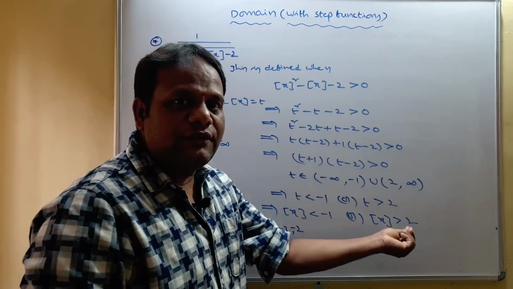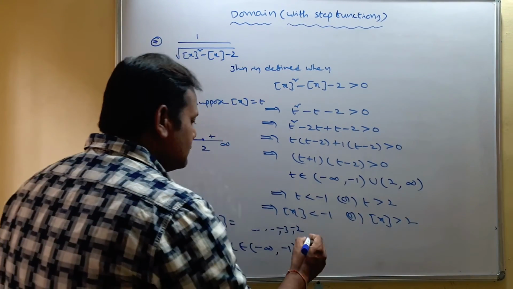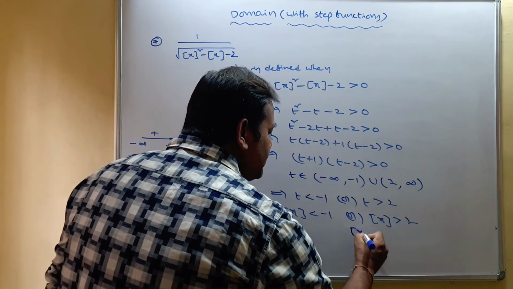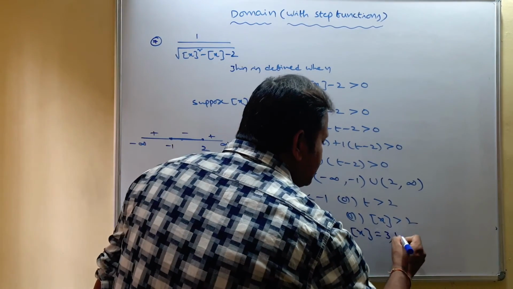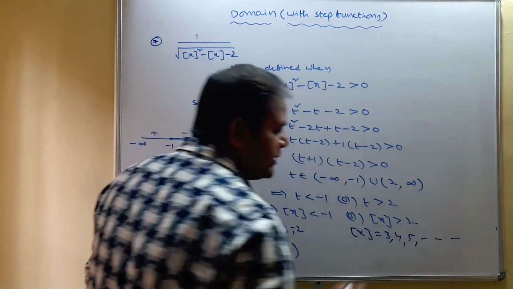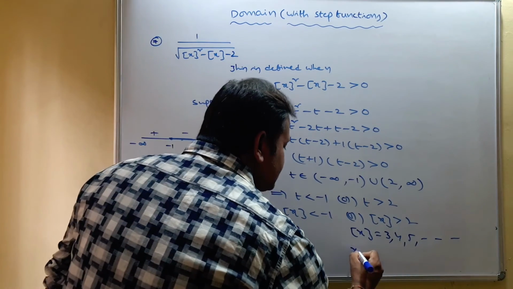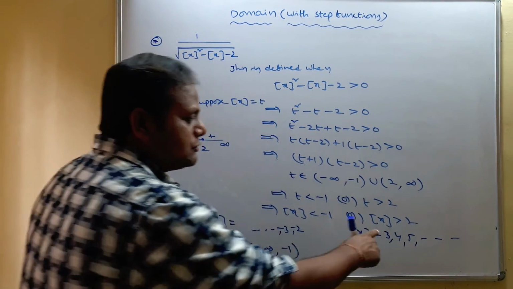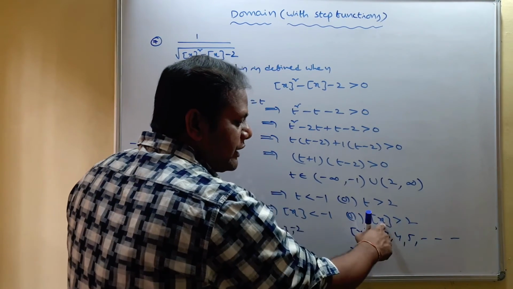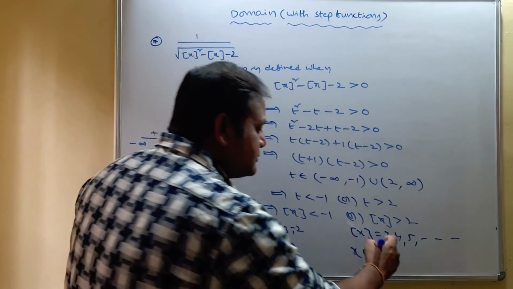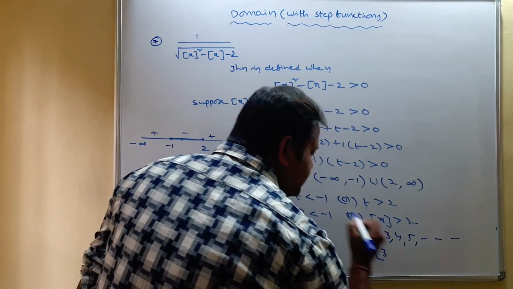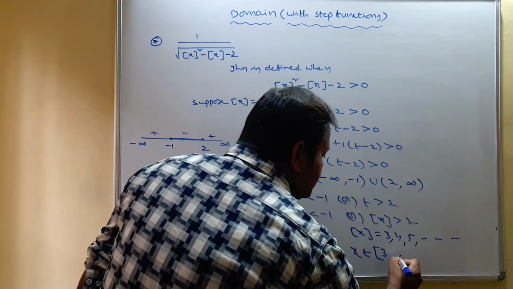Coming to this, here we have [x] > 2. So [x] is an integer and more than 2. So you can take 3, 4, 5 till infinity. So what about x values? When [x] is 3, you can take x = 3, or 3 point something, it is 3, right?